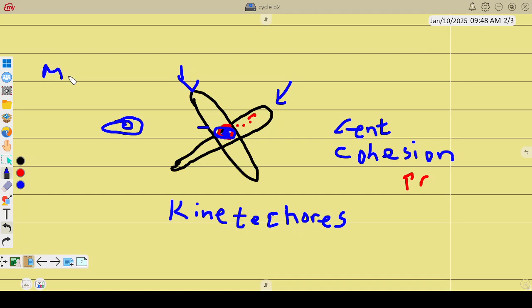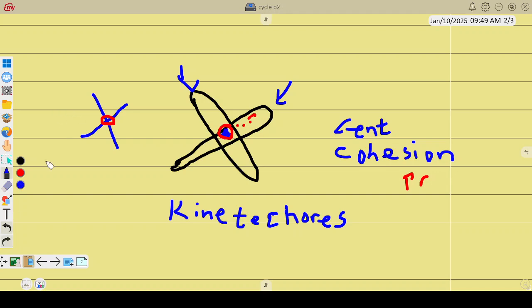microtubule filaments. We haven't even started discussing, and we're talking about a lot of things. So we have microtubules. This is just a simple chromosome. On the chromosome here we have kinetochores, and these kinetochores have attachments which are called microtubules.